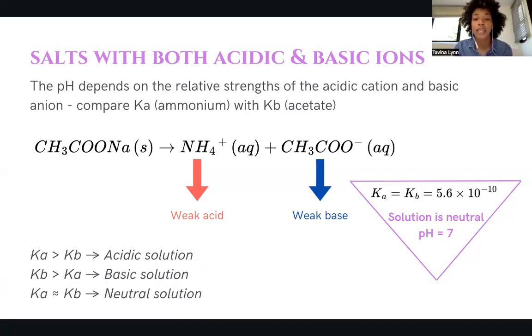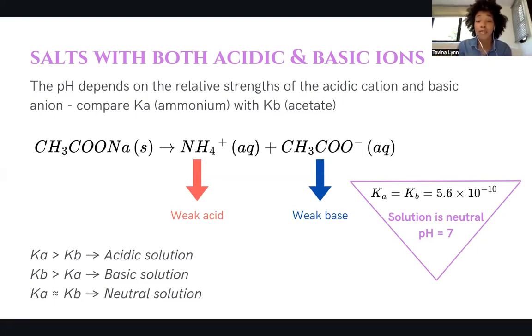So taken together, if we have an acidic or a basic salt, that means that it will hydrolyze with water. That just means that it will interact with water either as an acid or a base to release hydronium ions or hydroxide ions, thereby making the solution either acidic or basic. Neutral salts only end up with spectators, so they don't hydrolyze with water, and they form a neutral solution, pH 7.